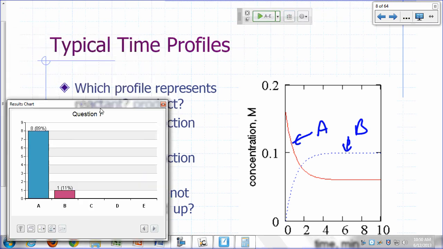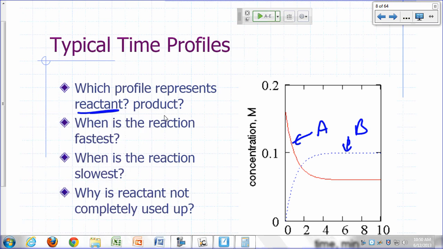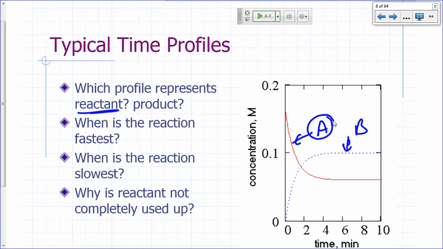Reactant is A. It's dropping, right? A is your reactant. B, the blue curve, represents your product.